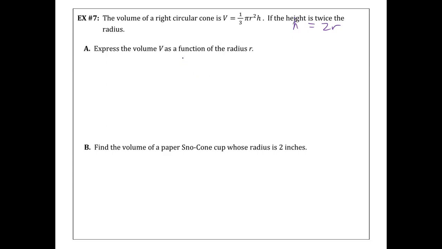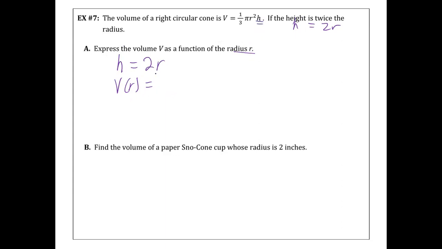So now we would have two equations. One equation is height is double the radius. The other one we're working with is our volume. But it wants our volume in terms of what? Radius. So we want volume in terms of R, and they gave us our H. Can I find volume in terms of R?